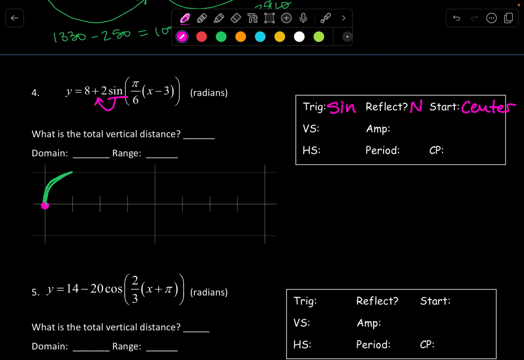Once I know it's going to start up, I can go high, middle, low, middle, high, middle, low, middle, and I can trace out all of my connections. So there's my wave.